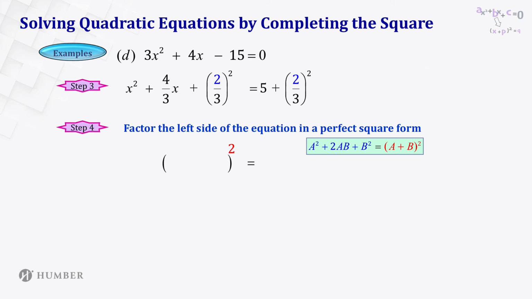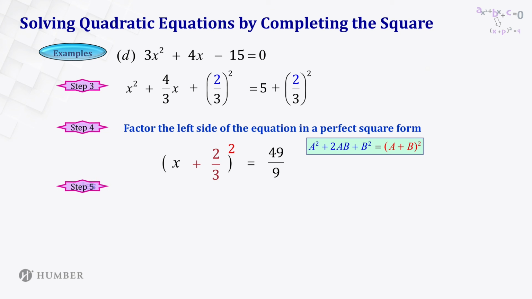Simply write x from the first term and take positive 2/3 from the constant term. Make sure to have positive sign since the middle term has it. Simplify the right side, 5 plus 4/9, which should be 49/9.